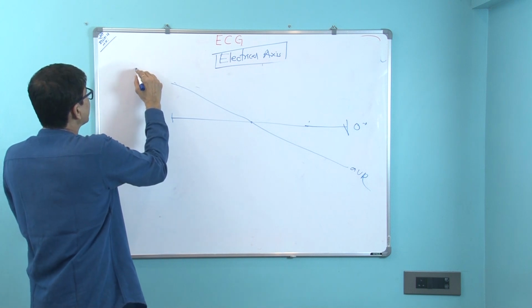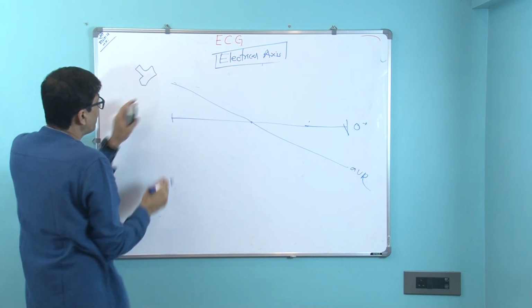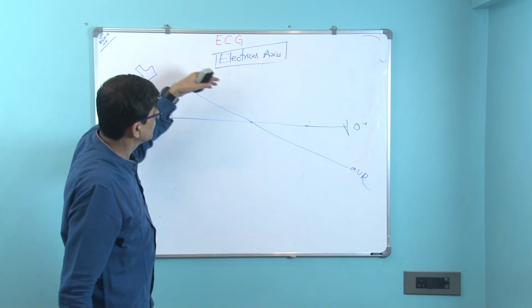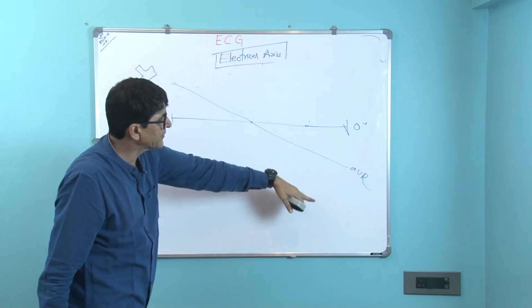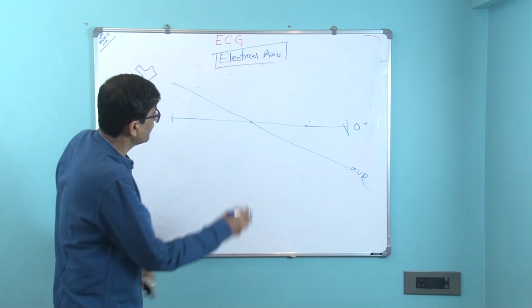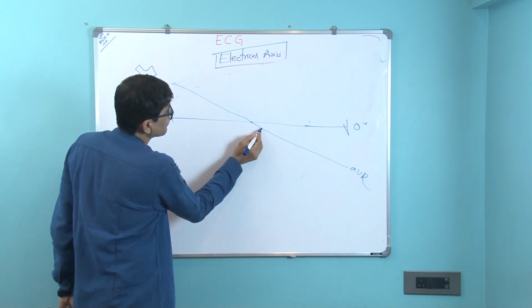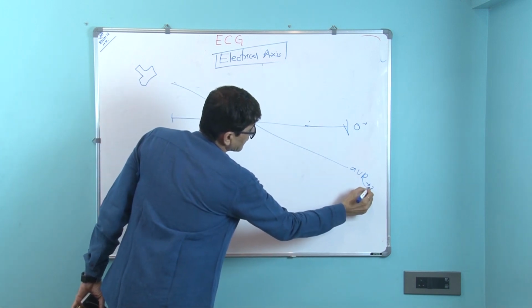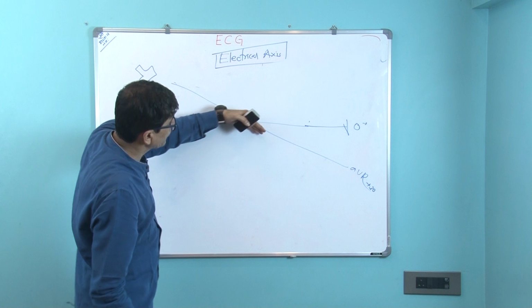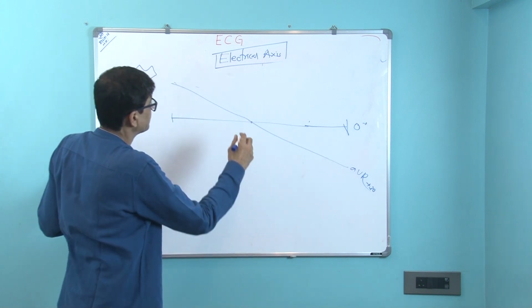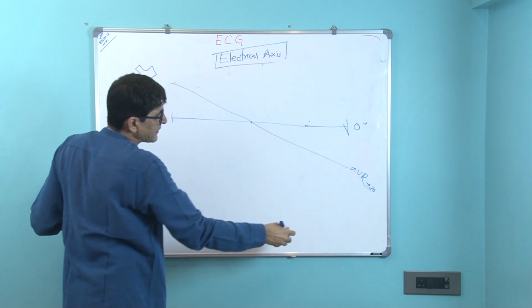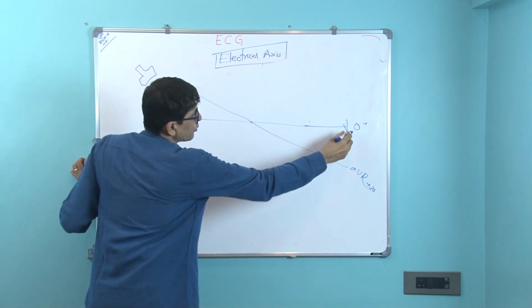AVR positive is here, but if you see all the ECGs, AVR is oriented toward the cavity. So on ECG you will see all the deflection negative. So if you calculate, it will come towards plus 30. So AVR negative will travel to plus 30. Now I will draw 30, 30, 30, 30 like this, so you will understand 0, AVR.